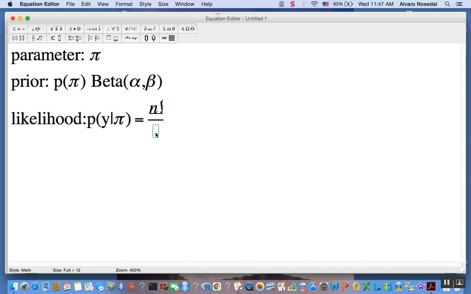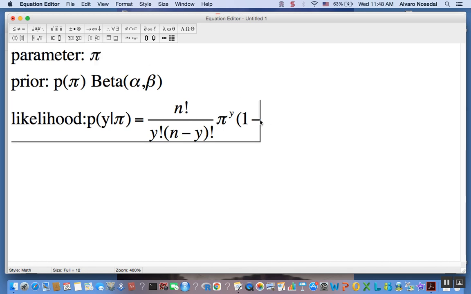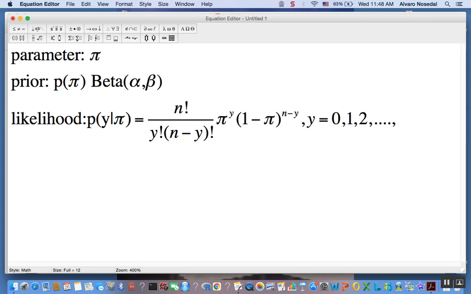Exactly: n factorial divided by y factorial times n minus y factorial, times pi to the power y, times 1 minus pi to the power n minus y. And we know that that probability mass function applies for values of y 0, 1, 2, up to n, n being the sample size of our initial sample.